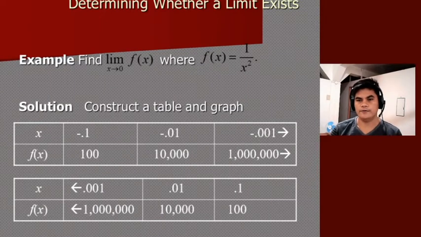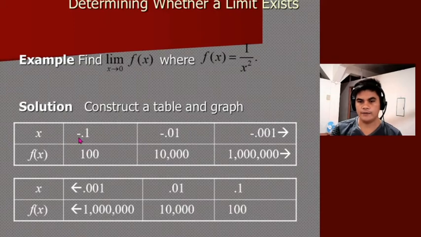Another example: the limit of f(x) as x approaches 0, given f(x) is 1 over x squared. In this table are the values of x with corresponding f(x).